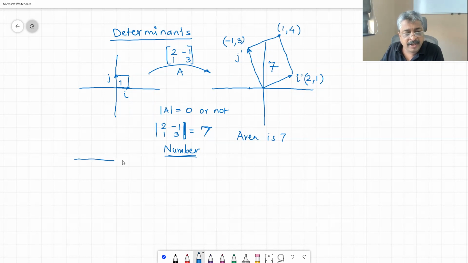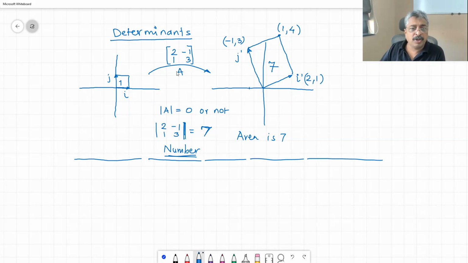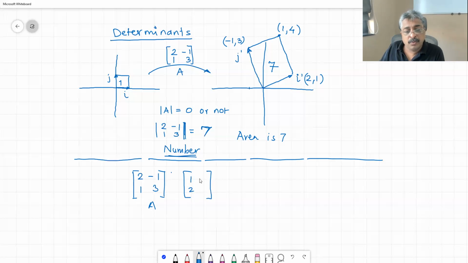And let us just verify one property which might be useful to you in the case of matrices also. Now we have found the determinant of this matrix 2 1 minus 1 3. This is our matrix A. Let us take matrix B: 1 2 minus 2 4.